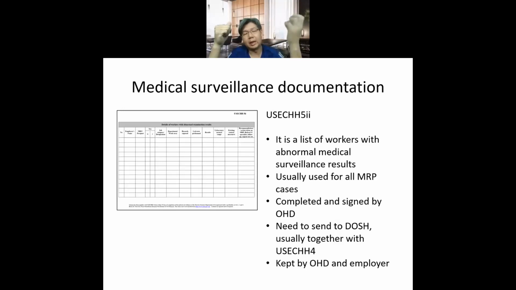When you inhale a certain chemical, you can detect the chemical in your body. It's still okay. It does not mean that you are having a disease. However, detecting the chemical in the body is an indication that you must be removed now, because if I don't remove you, eventually you will develop a disease. That is the whole purpose of doing medical surveillance.